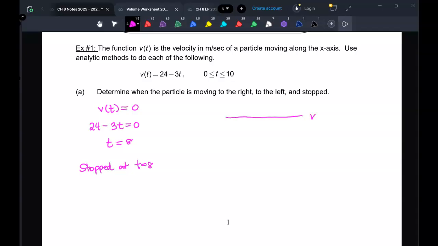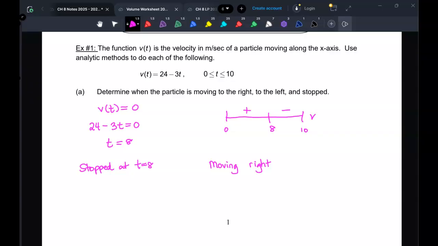Okay, let's make a number line for the velocity. It starts at 0 and ends at 10, and at 8 it stopped. So we're just going to plug in, figure out where it's positive, negative. Between 0 and 8 seconds, positive. And negative. So it's moving right on what interval? 0 to 8.